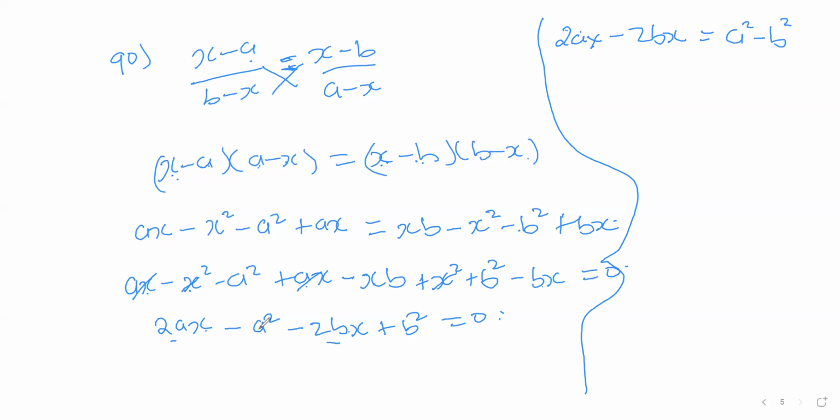A squared is being subtracted, so it comes to this side to become added, and b squared is being added, so we subtract it. If we factor out x from these two terms, we then get x times 2a minus 2b. Don't forget your methods of factoring.